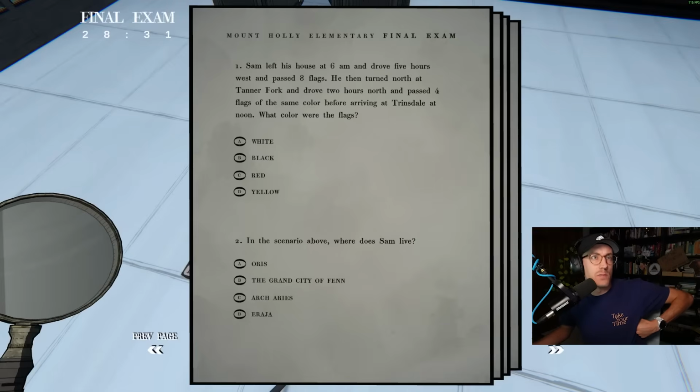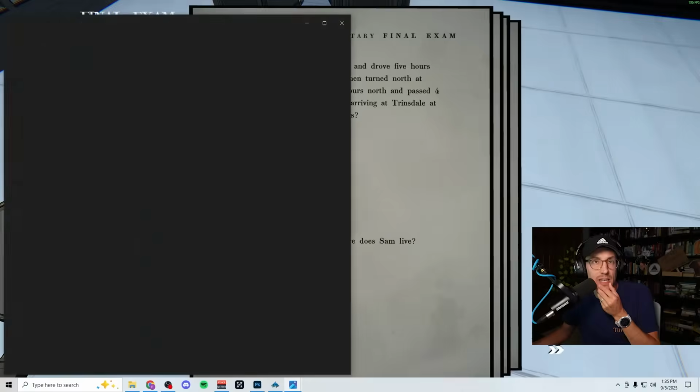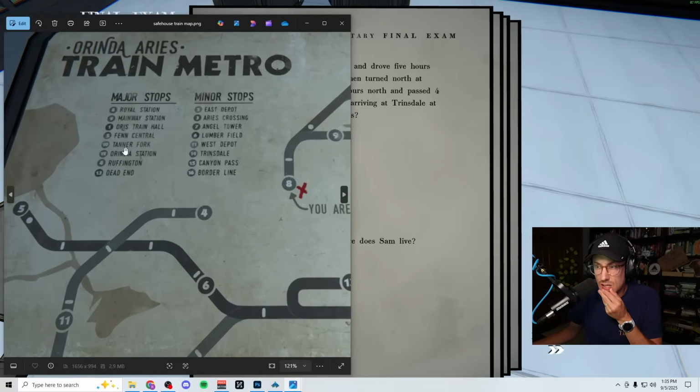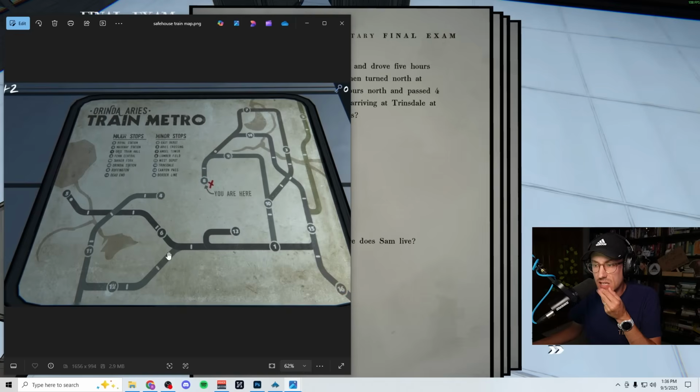What's it called? Safe house? Bunkhouse? Called safe house. Is this just the Tanner Fork is 10? Orinda Aries.